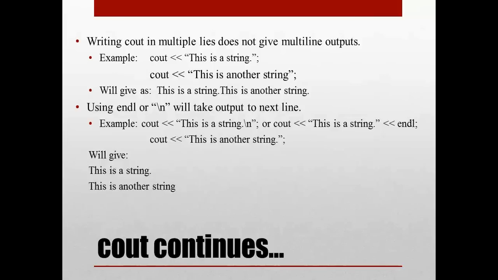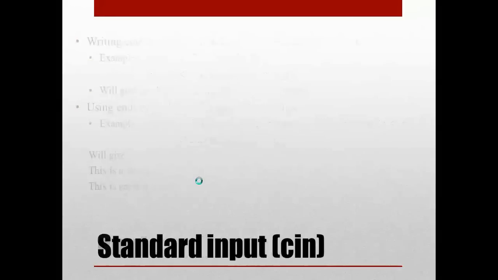For example, if you say cout, this is a string \n, or you can say cout, this is a string, then again this iostream operator, and then endl. Then if you write cout, this is another string, this is going to give "this is a string", next line, "this is another string". Pretty straightforward, simple, easy. That's the cout for you, and it's really helpful to give outputs.